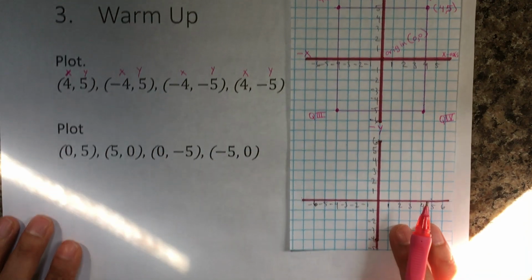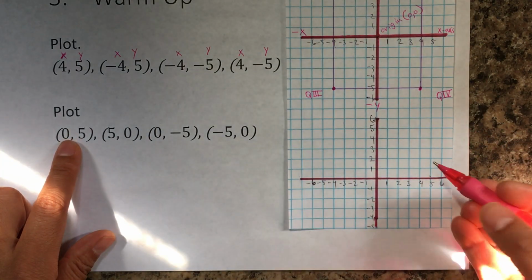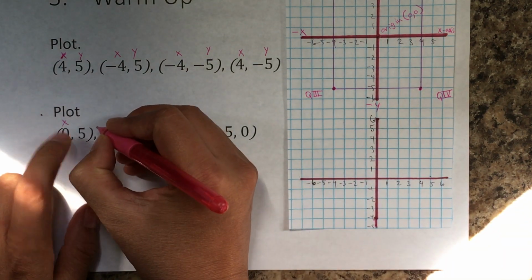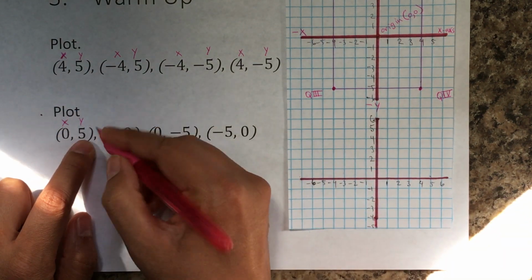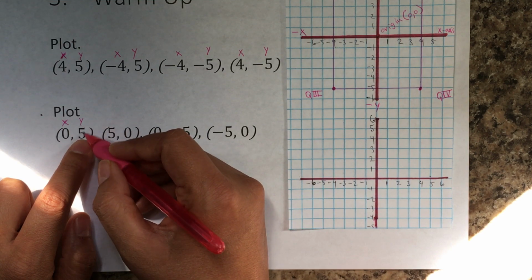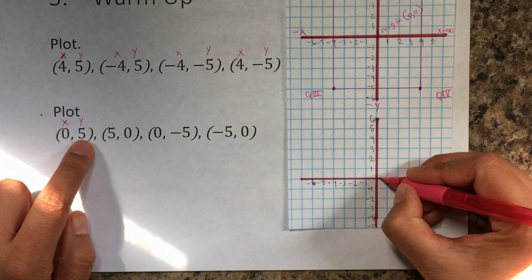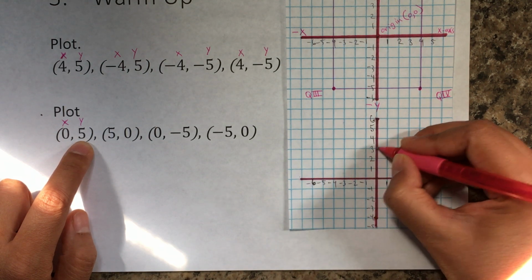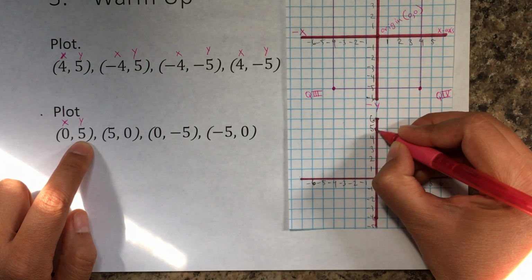Okay, the next one is going to be 0, 5. So 0 on X, that means that I don't move on X, and then 5 on Y. Y is up or down, so I don't move on X, but then I go up on Y. So 5 right there.